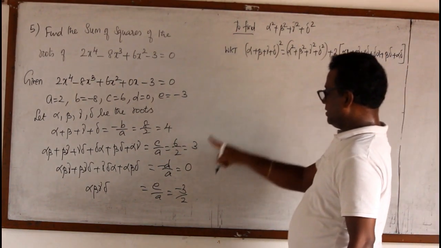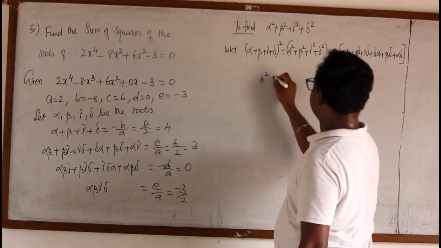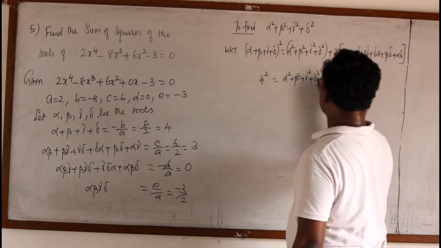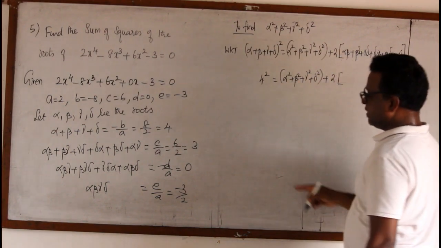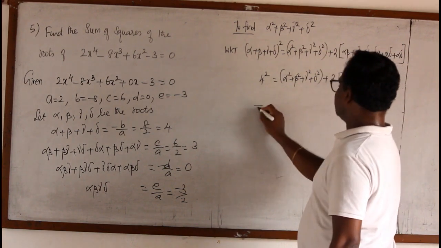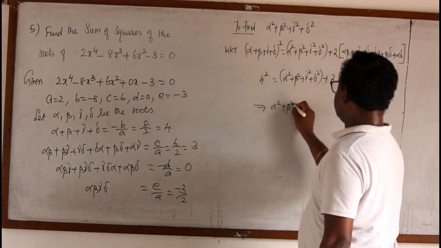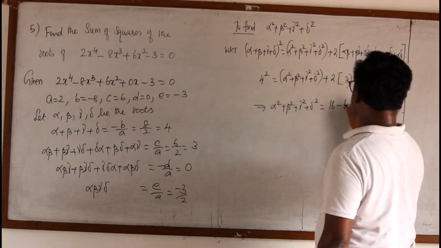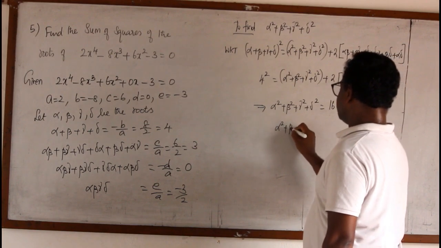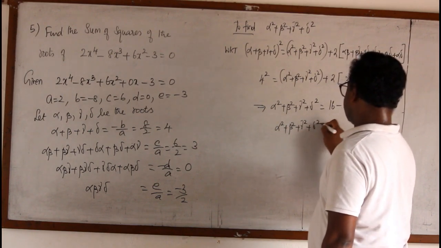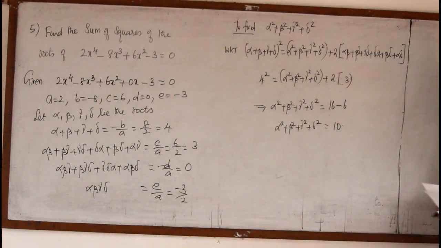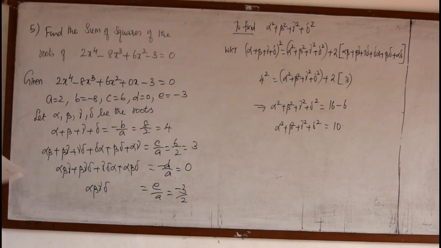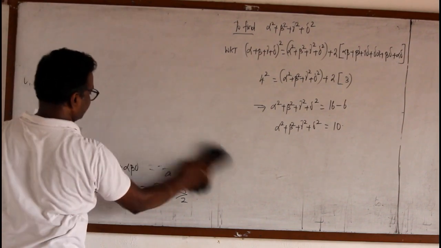We have this value as 4, so it is 4 square equals alpha square plus beta square plus gamma square plus delta square plus 2 into, and we have this value is 3. So this implies alpha square plus beta square plus gamma square plus delta square is 16 minus 6, so it is 10. This is your fifth problem. Now moving to sixth problem.